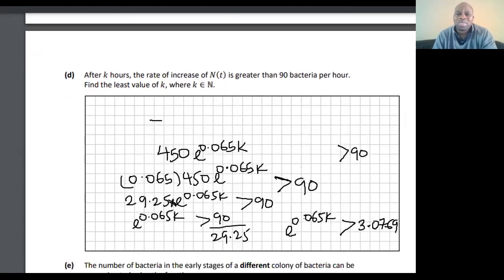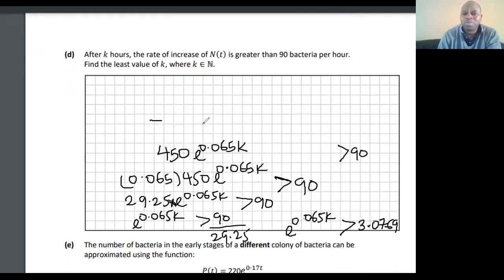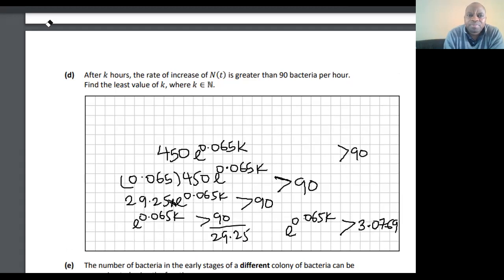Then remember, I told you, don't be wasting your time by putting log into this. You'll be making life difficult for yourself, because many students get confused. What do you do? Just take ln of both sides. Don't forget, take ln of both sides.